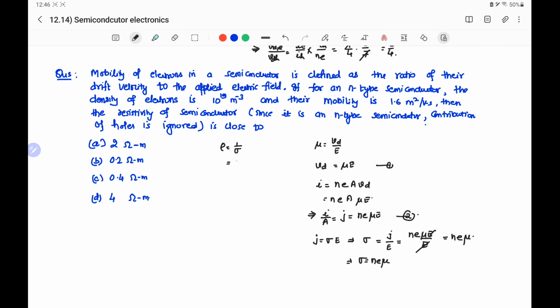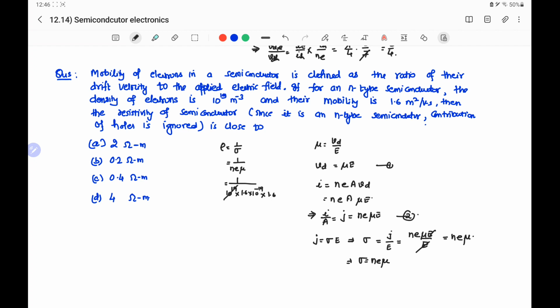On substituting the value of sigma, the resistivity will be 1 by n e mu, where n is the number density of the electrons in the n-type semiconductor, e is the charge on the carrier, which are electrons, and mu is the mobility. Substituting the values, we have the number density 10 to the power 19 per meter cube, the charge on the electron 1.6 into 10 to the power minus 19, and the mobility 1.6 meter square per volt second.